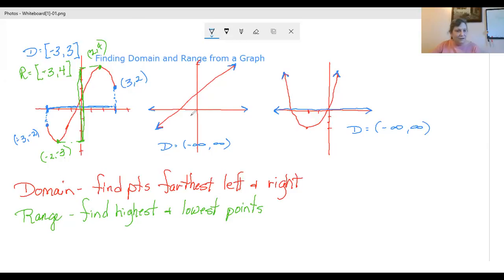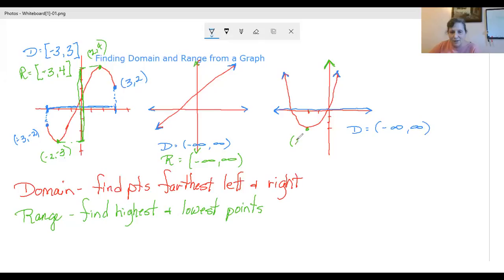What about this one? Again, that's up and down forever, so it goes forever up, forever down. The range here is also -infinity to +infinity. Now, this graph obviously has no highest point, but it does have a low point. It comes down to here and turns around and goes back up. Looks like 1, 2, 1, 2, 3.